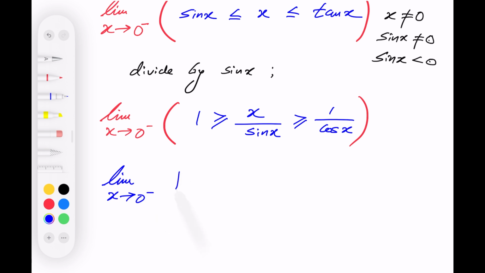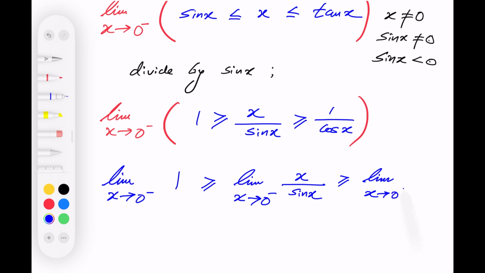The first piece is 1 greater than or equal to limit x approaches to 0 from left hand side x over sine x greater than or equal to limit x approaches to 0 from left hand side 1 over cosine x.